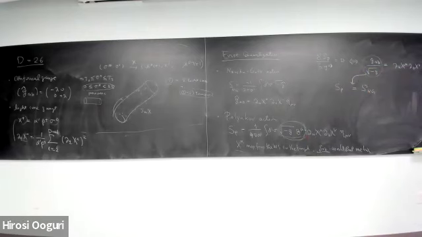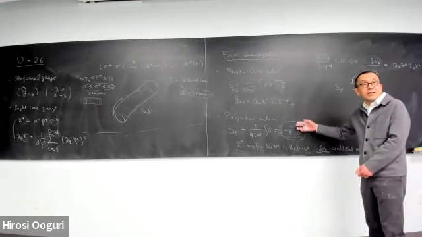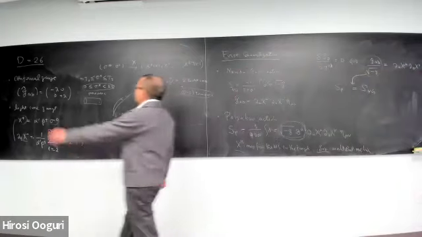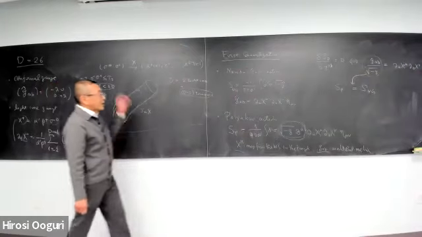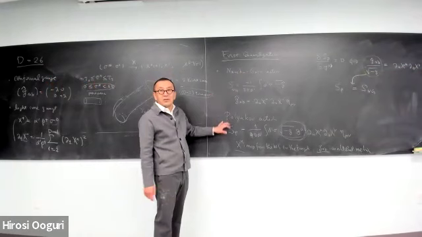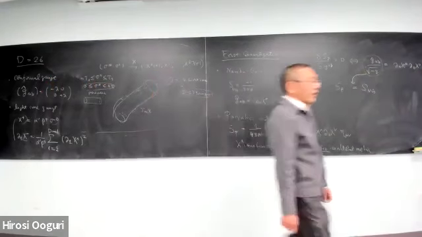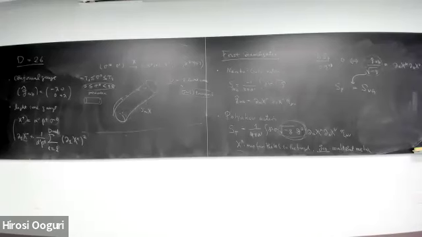As we will see, quantum mechanically, these two are inequivalent. One way to see D equals 26 appearing is that in D equals 26, these two descriptions are equivalent, and in other dimensions, they are not.